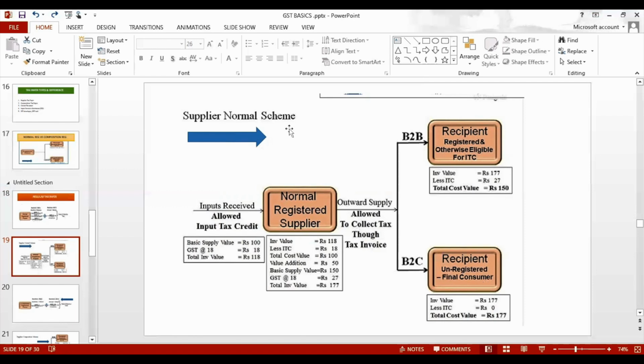I want to explain B2B, B2C. B2B means business to business. What is business to business? My company is registered with the government. I have a proper registration number, and I am filing monthly returns for every month in the financial year.